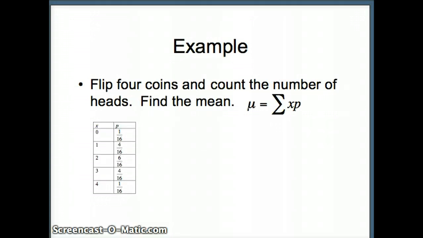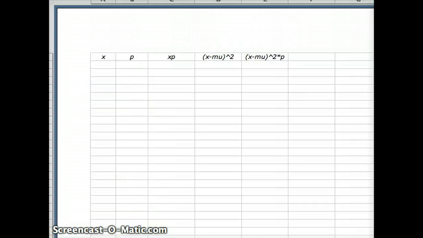So let's take a look at our example of flipping 4 coins. We have our random variable: 0, 1, 2, 3, 4 are our numerical outcomes, and 1/16, 4/16, 6/16, 4/16, 1/16 are the associated probabilities. Then we're going to find the mean using Excel.